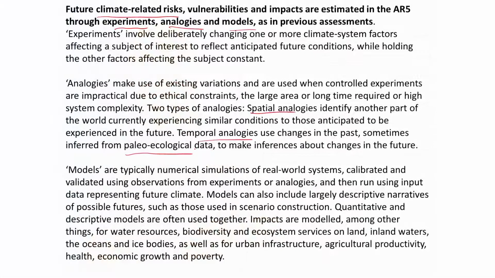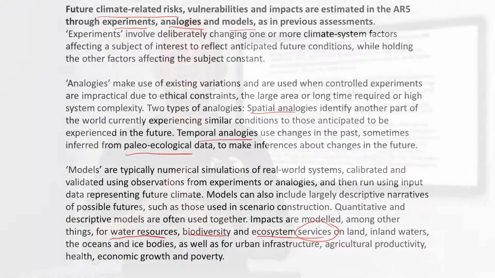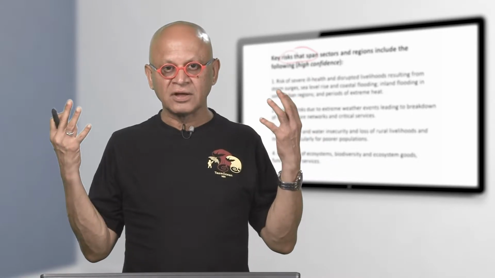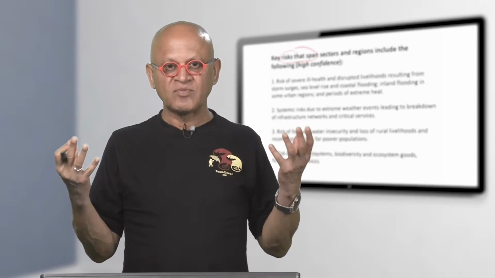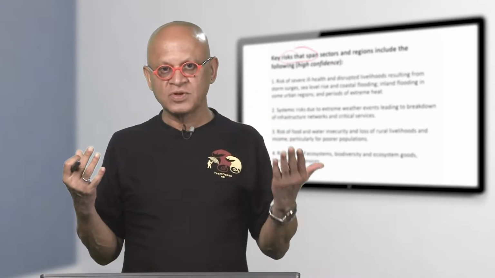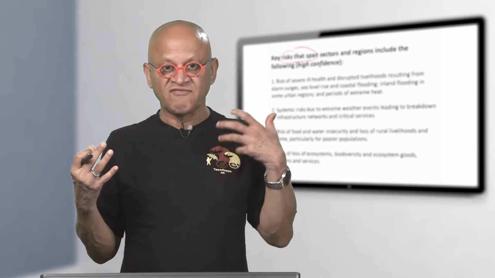So the impacts are modeled, among other things, mainly for water resources, biodiversity, ecosystem services. This term we have not defined, but a module will be provided where I think you will get some sense. Ecosystem services means ecosystems, or plants and forests and so on, provide food, fiber, medicines, firewood and other things which have a value.